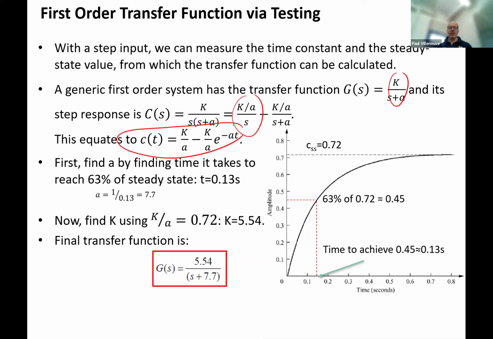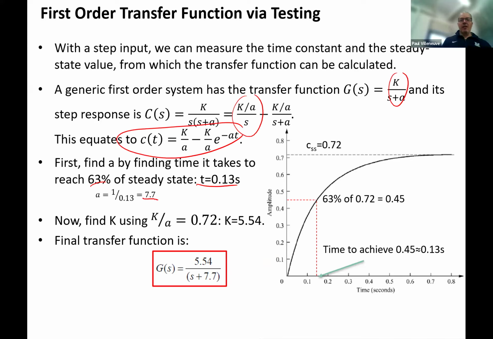Now we want to find our value of A by finding the amount of time it takes to reach 63% of its steady state value. We want that to happen in 0.33 seconds. So we can solve for our value of A, and it equals 7.7. That's our value of A.